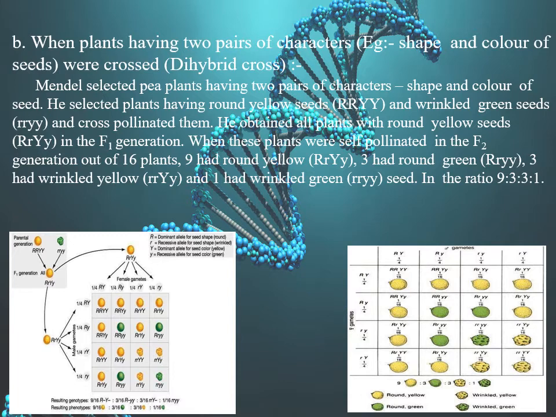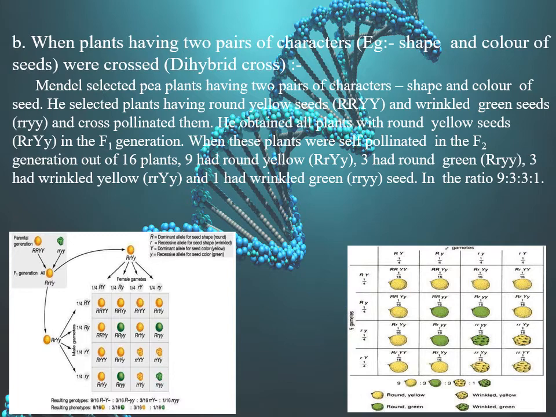He selected pea plants having round yellow seeds, expressed as capital R, capital Y, and wrinkled green seeds, small r, small y, and he cross-pollinated them.